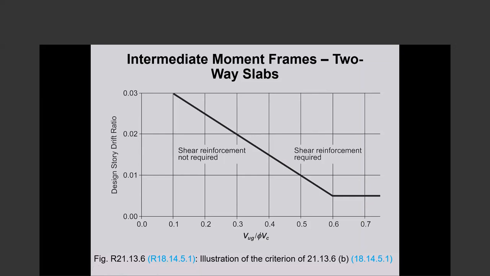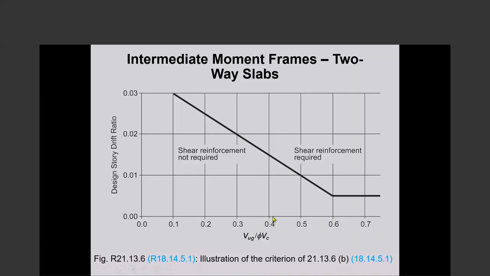So your punching shear caused by gravity can be as high as 60%, 70% or more of what concrete can carry. Okay, no problem.